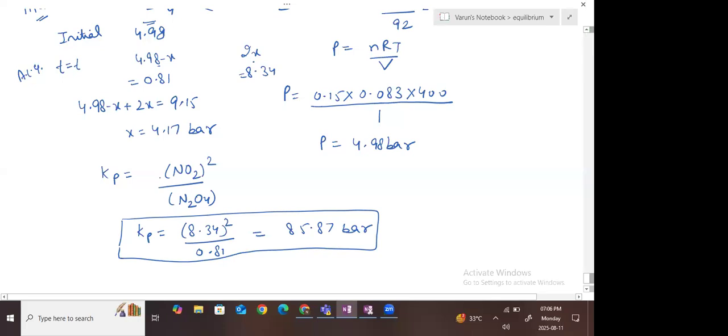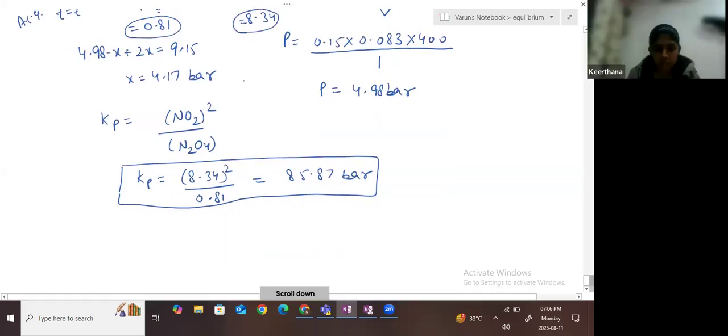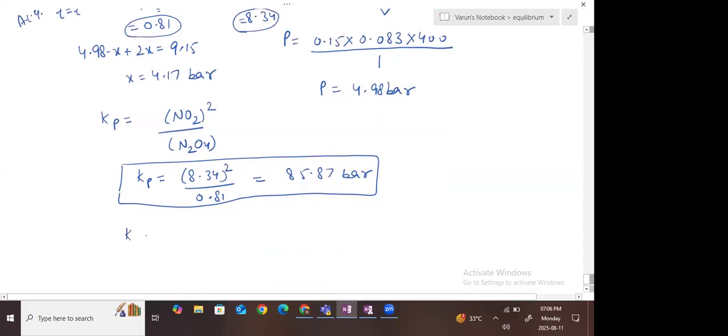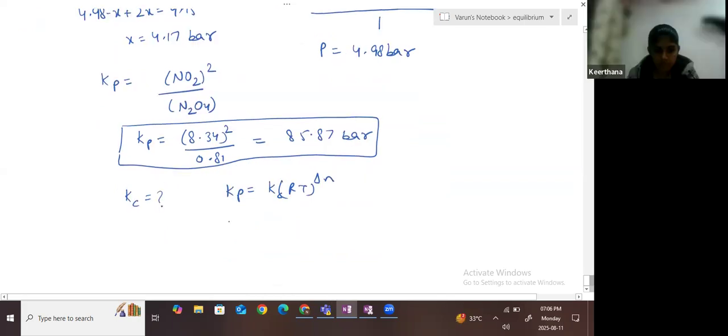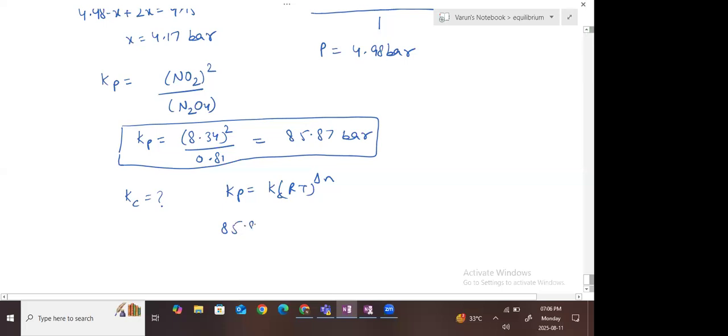One thing I have to calculate is the partial pressure of both the ones at equilibrium. At equilibrium, N2O4 has this pressure and NO2 has this one. Correct? The last thing that I have to calculate is Kc. I know that Kp is equal to Kc (RT) to the power delta n. So Kp is 85.87, and Kc I have to calculate, right?